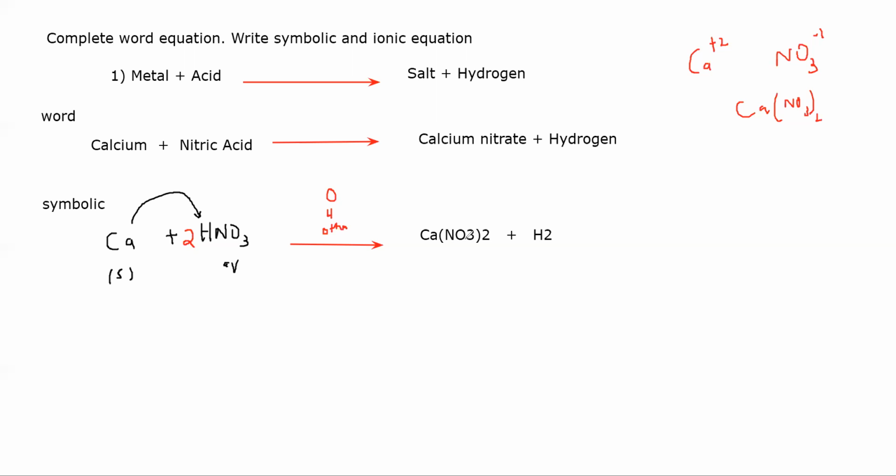All nitrates are aqueous, so aqueous. And what is the state of hydrogen? It will be a gas. Is it clear till now that we complete the symbolic equation with state symbols and we balance as well? To write an ionic equation, you have to use a balanced symbolic equation.